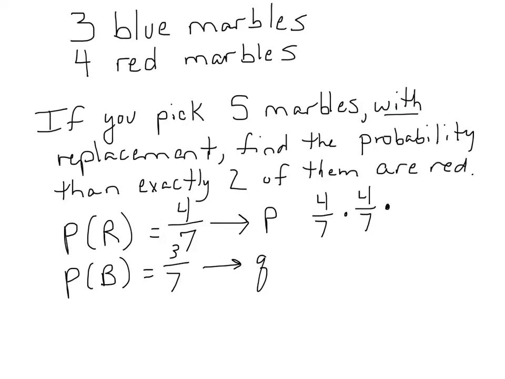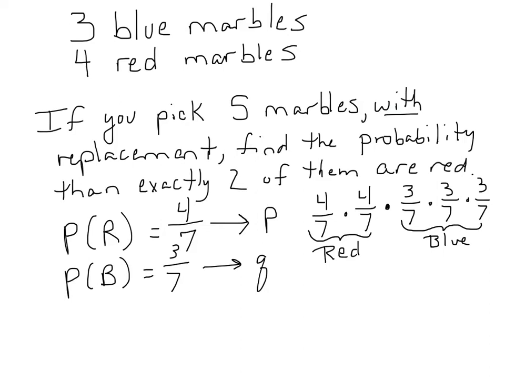If only 2 of them are going to be red, then I would have to have a blue marble and another blue marble and another blue marble. So here is the probability that the first 2 are red and then the next 3 are blue. Okay, and I can put that down. These would be the red and these would be the blue. So I can write these exponentially. It makes it a little bit easier.